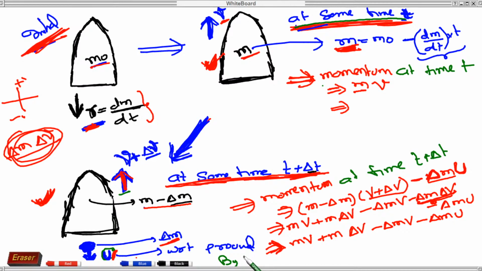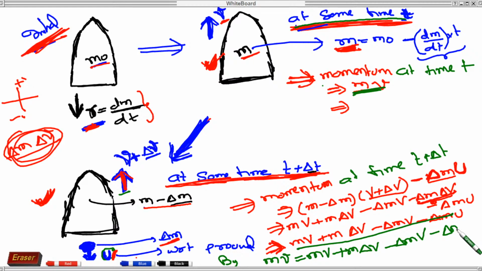Like I told you in the previous one, we will equalize these momentums. So mv is equal to mv plus m delta v minus delta m v minus delta m u.